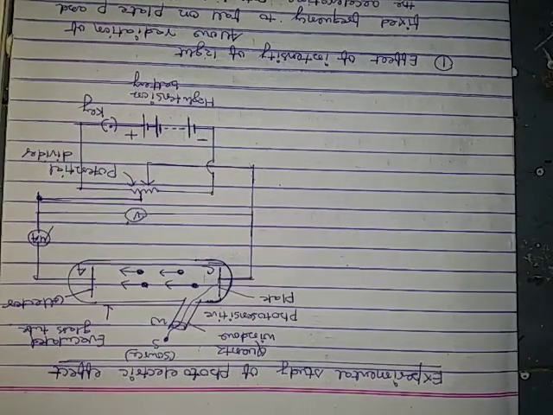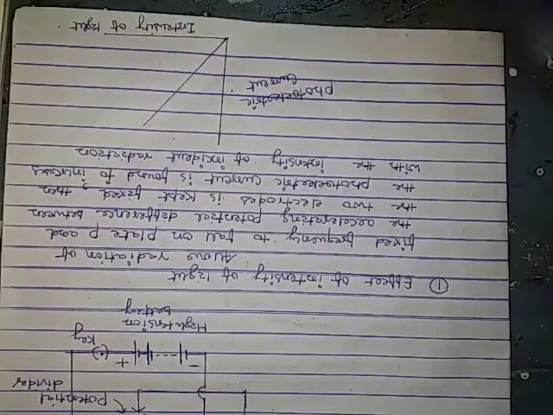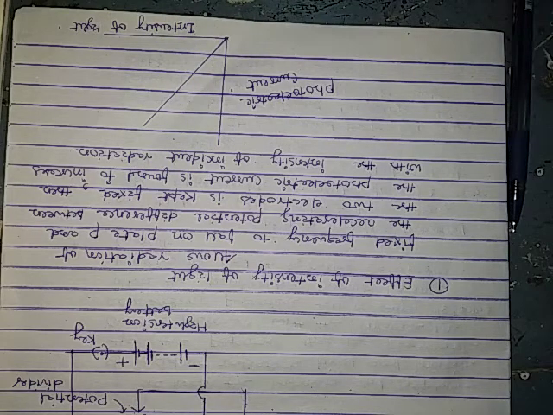Now, the effect of intensity of light. Allow radiation of fixed frequency to fall on plate P, and the accelerating potential difference between the two electrodes is kept fixed. It means the potential is kept fixed and the radiation frequency is fixed.